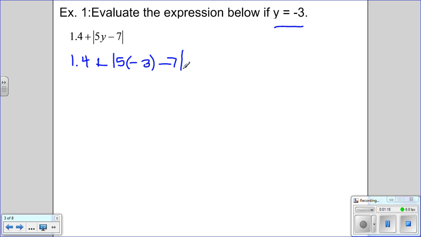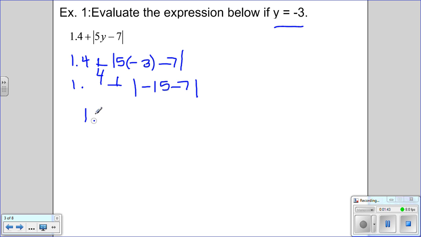So following the order of operations, I have to evaluate inside the absolute value bars first. So I'm going to leave this 1.4 hang out in front. And now inside the absolute value bars, I've got 5 times negative 3, that's negative 15 minus 7. Okay, and I'm still not done. Now I need to simplify negative 15 minus 7.